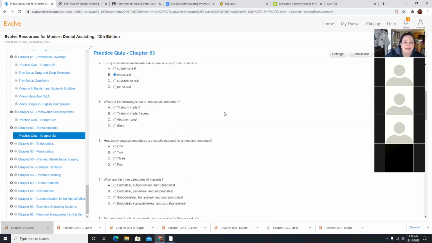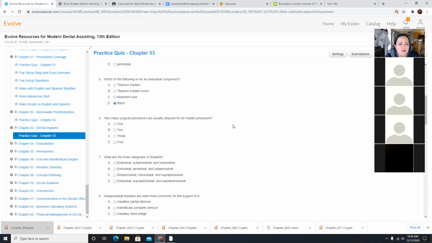Which of the following is not an endosteal component? Abutment, post? Well, the stent too, right? The stent, right? How many surgical procedures are usually required for an implant procedure? 2.